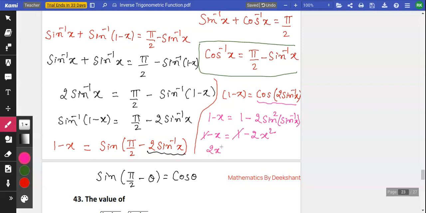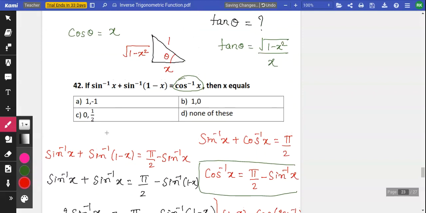Here 2x square minus x is equal to 0. Now take x common, it becomes x(2x minus 1) is equal to 0, and the values of x are 0 and 1 upon 2. Here are the 2 values of x. So the correct answer is option C.